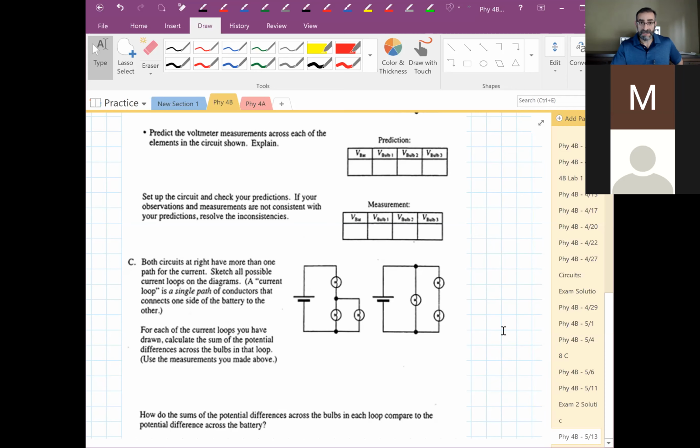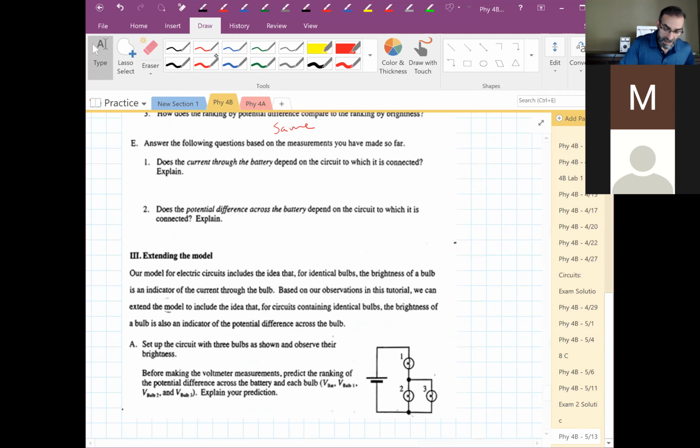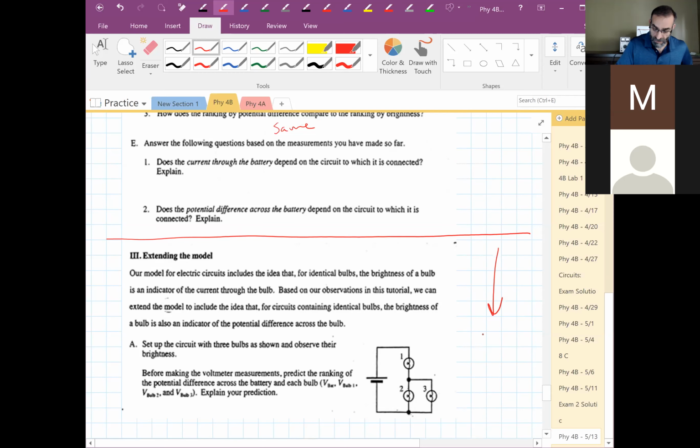So there's one more worksheet that we're going to finish. We ended here today, right? So check all of this, look over before the next class. Okay, and then we can go through it a little faster that way.